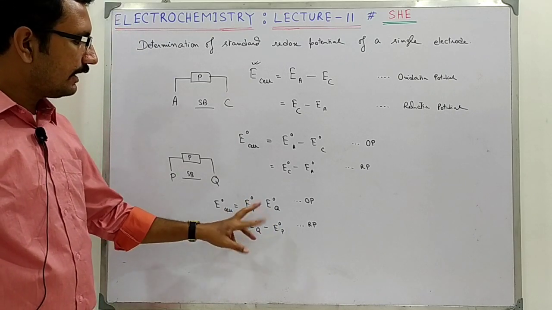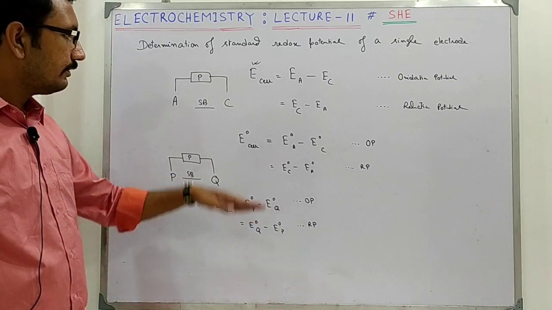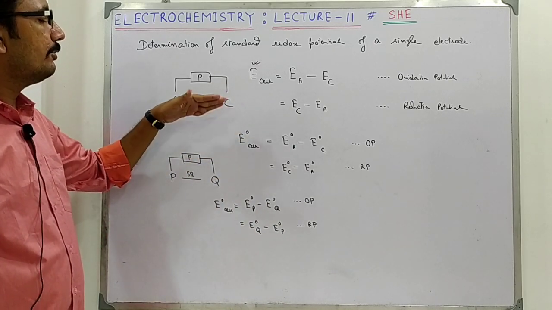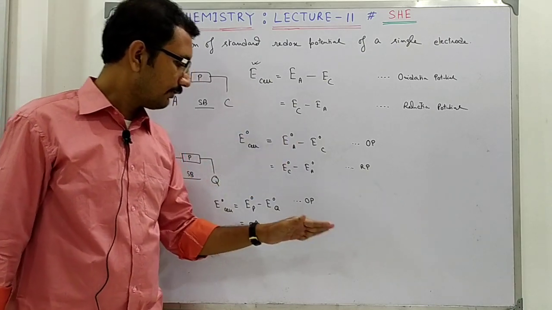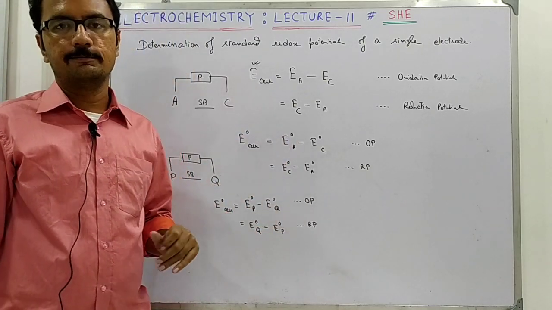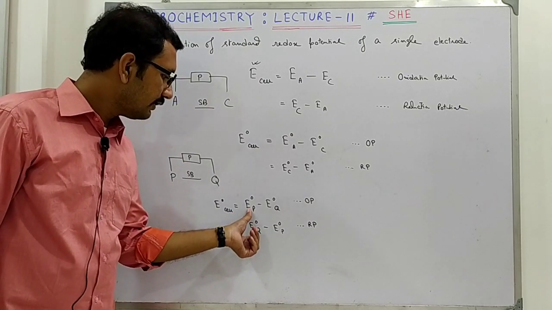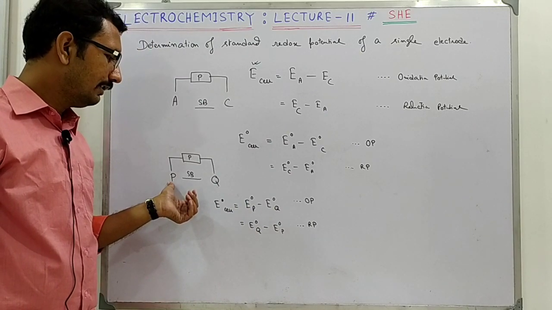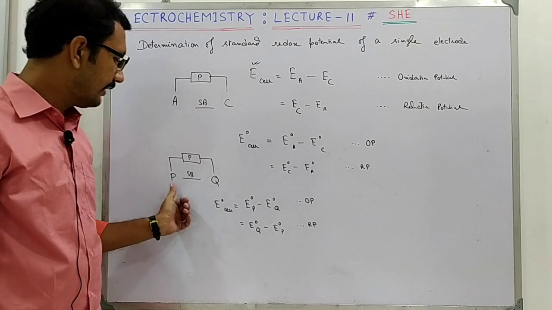This change is occurring due to the change in the mode of representation, but the main thing is that you are getting the potentiometer reading, and it is the difference of the absolute values. So, this is the standard oxidation potential of this half cell. This is the standard reduction potential of this half cell.